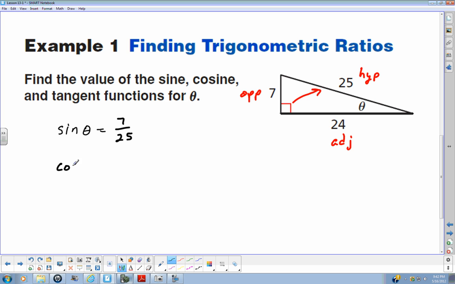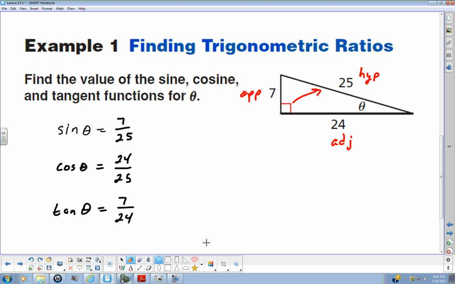Cosine then is equal to the adjacent side, which is 24 over 25. And tangent would be the opposite side from the angle, which once again is the 7, and the adjacent side is 24. Lots of students will want to change these fractions to decimals, but you're going to want to just leave them just like that.